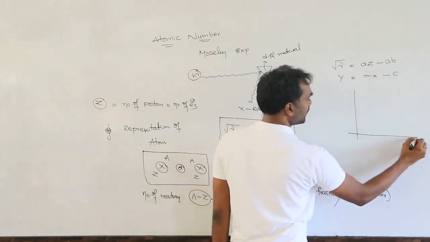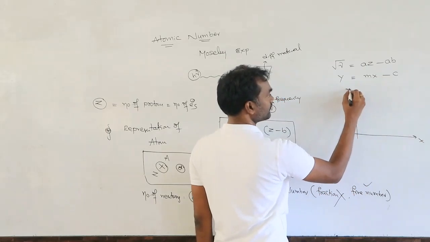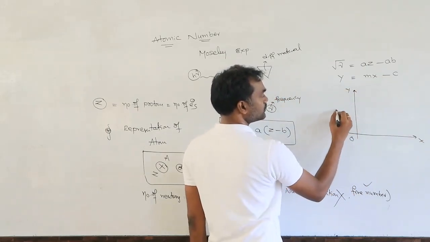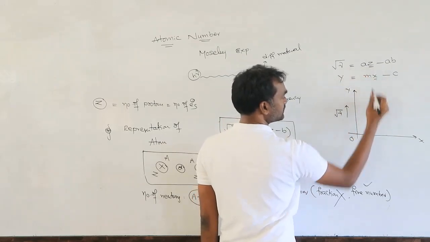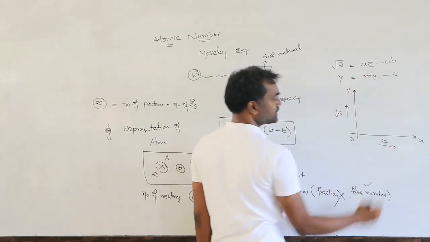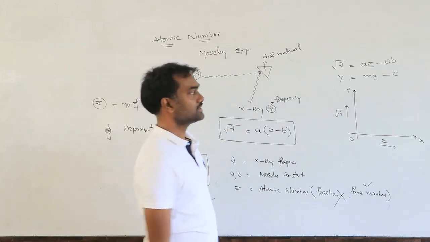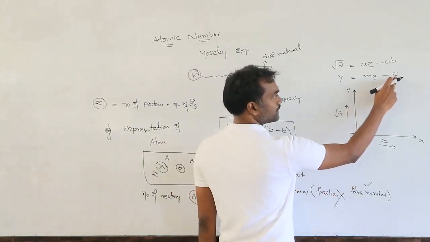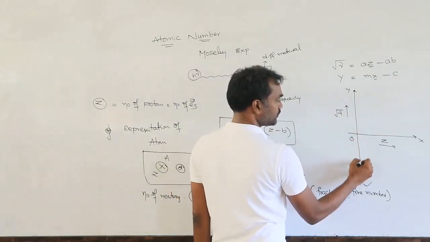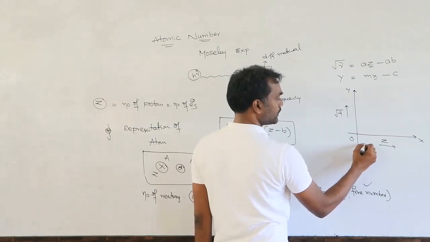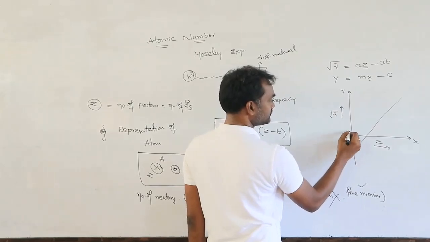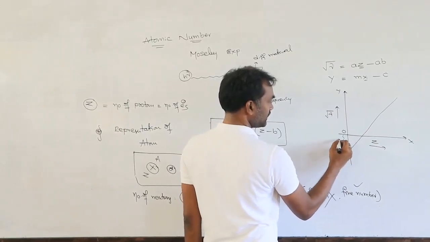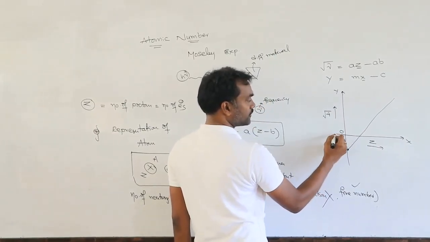On the y axis, you take root nu. On the x axis, you take Z, the atomic number. The intercept will be negative, so the line goes like this, and the intercept is C, a negative value.